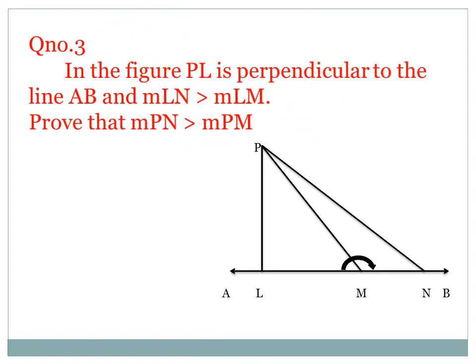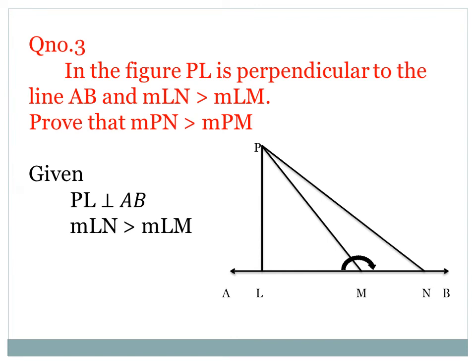Next is question number 3, whose statement is: in the figure, PL is perpendicular to the line AB. A line AB is drawn and PL is a perpendicular on line AB, and distance from point L to N is greater than distance from point L to M. We have to prove that distance from point P to N is greater than distance from point P to M. First of all, we will write what is given in this question.